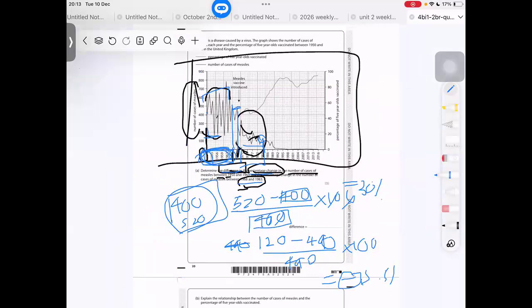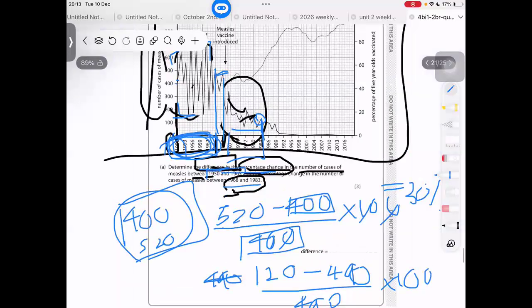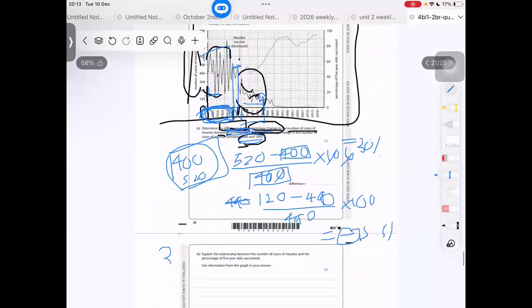Always the final one subtract the initial one. They're asking the difference between 1950 and 1965, so let's take that first. The percentage change is 30%. Then you subtract 75.5%.